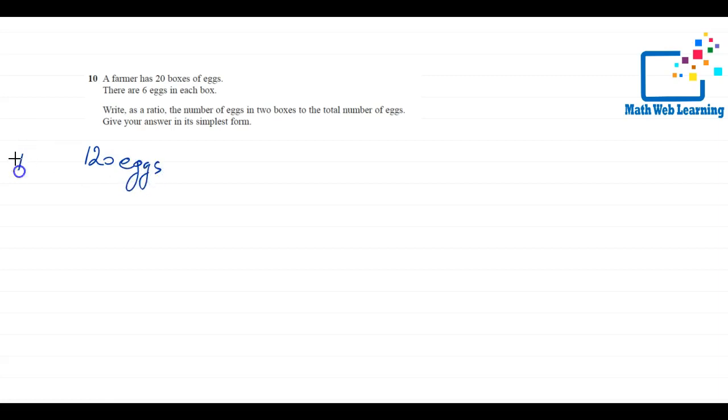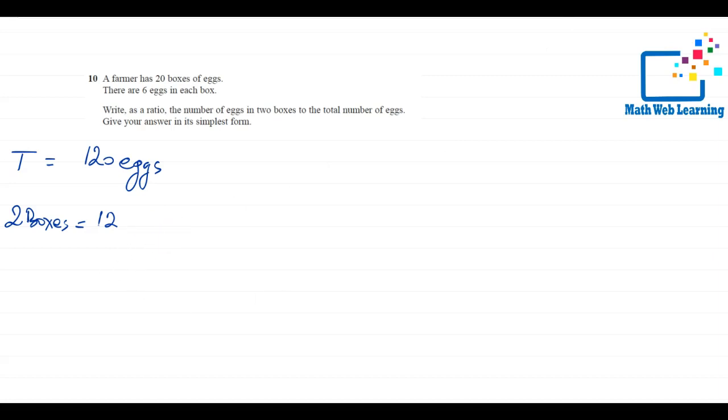That's the total. Let's put T. Now, the question asks me to write down as a ratio the number of eggs in 2 boxes. How many eggs can you get in 2 boxes? It's 12 eggs.